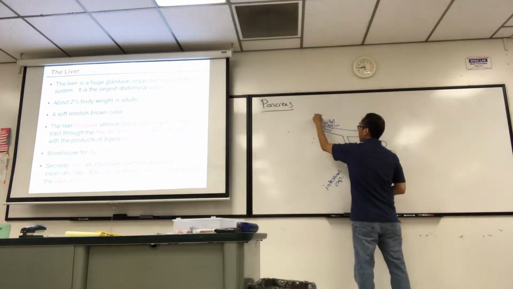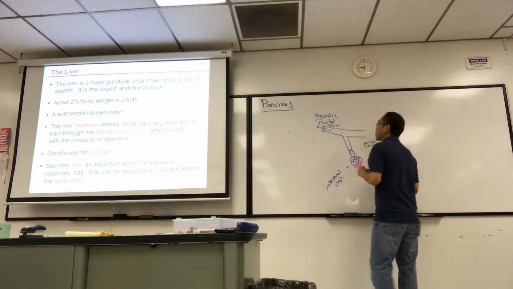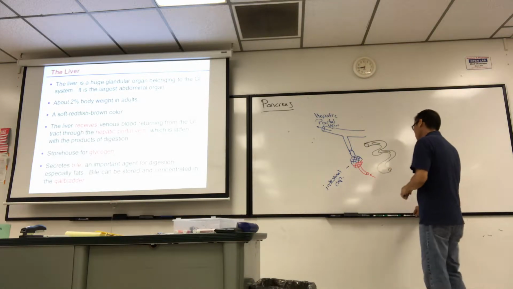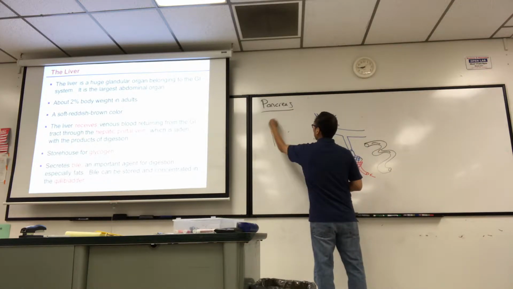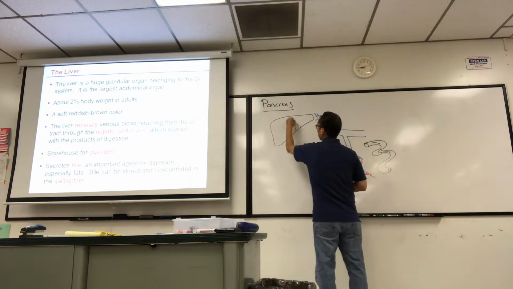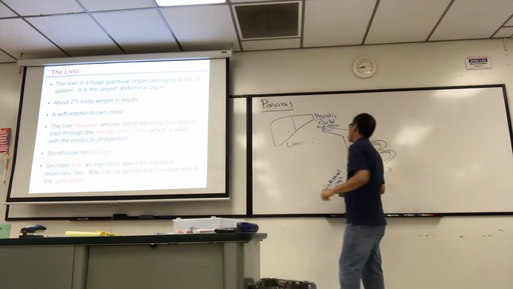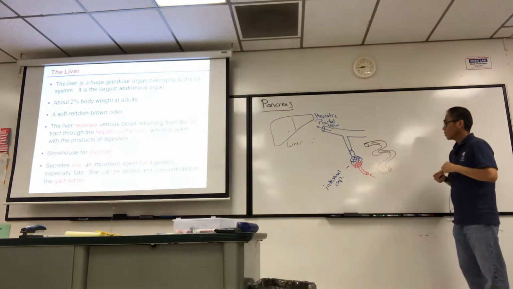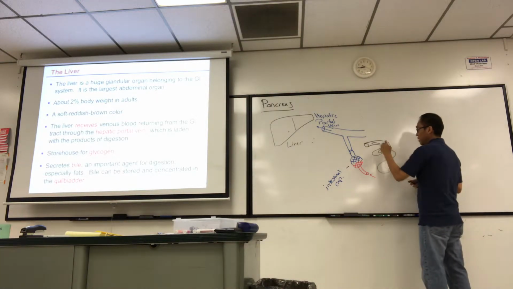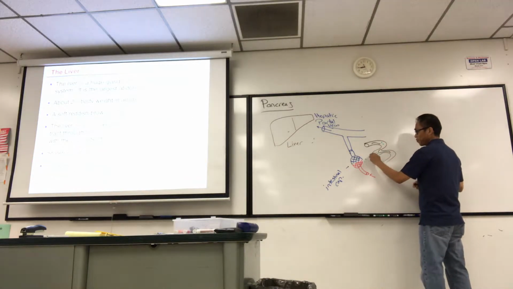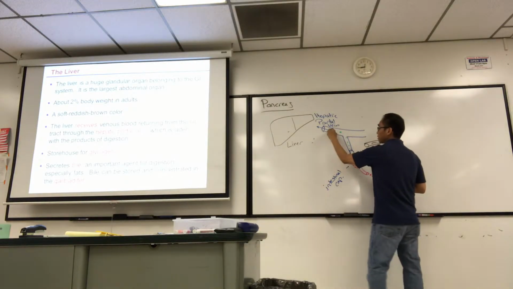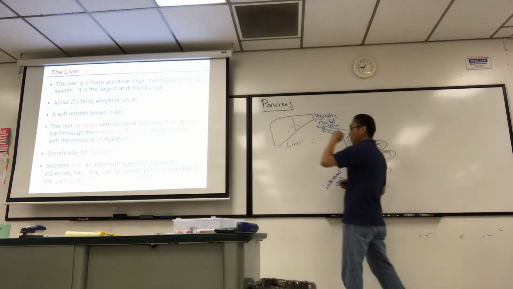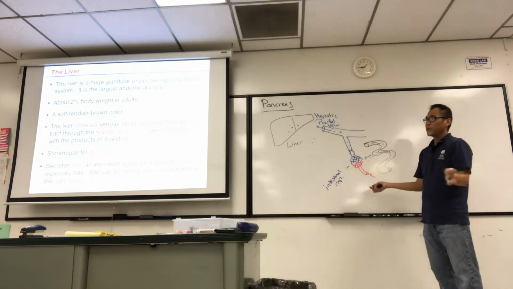Let's call it the hepatic portal vein, and it goes to the liver first. So all the food you ate, maybe the green dots represent food you ate, is broken down and absorbed into the intestinal capillaries, but instead of going back to the heart, you're on your way to the liver first.